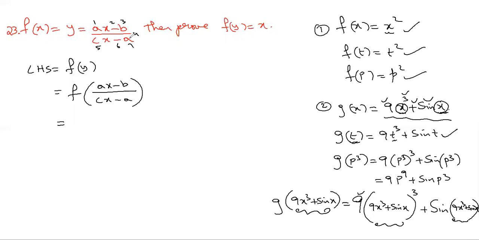Seven numbers or symbols are unchanged. Only these two x's need to be replaced with the input. So don't even look at the input. You should cover the input with your hand or with your fingers. You should only look at the definition of f.